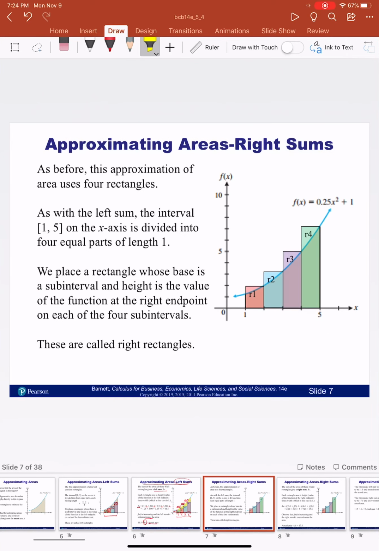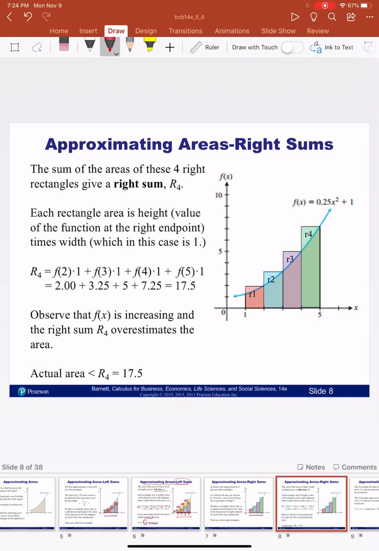Now, you can also do the opposite. Create 4 rectangles, but instead of the left point, use the right as a height. Then you are actually overestimating, right? We divided exactly into the same length of 1, but instead of the left point, now I'm using the right. Then I'm creating a right sum, R sub 4, and this right sum will be greater than my actual curve because I have these extra pieces sticking out.